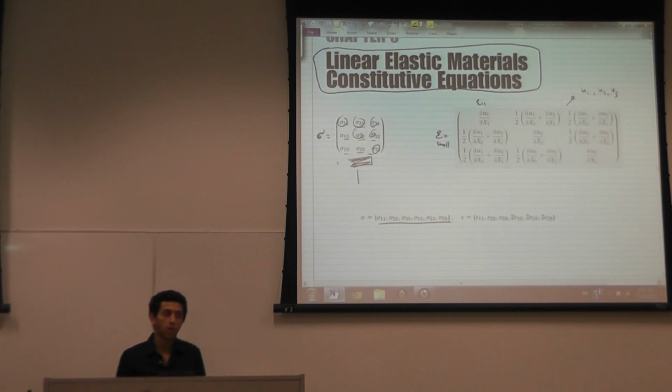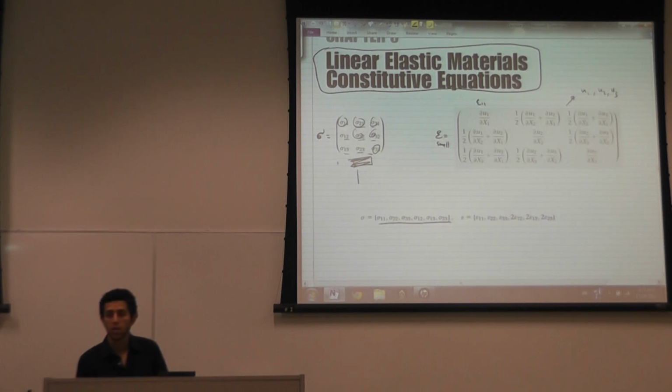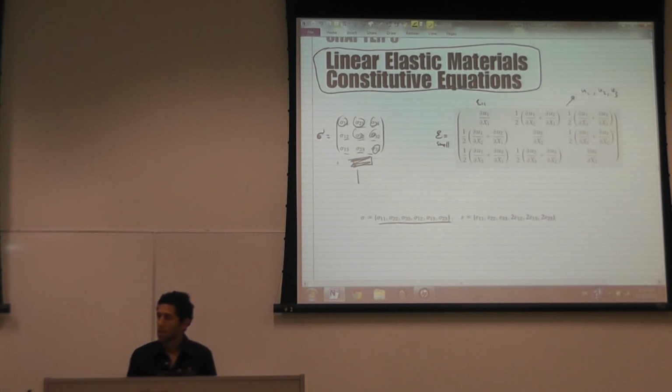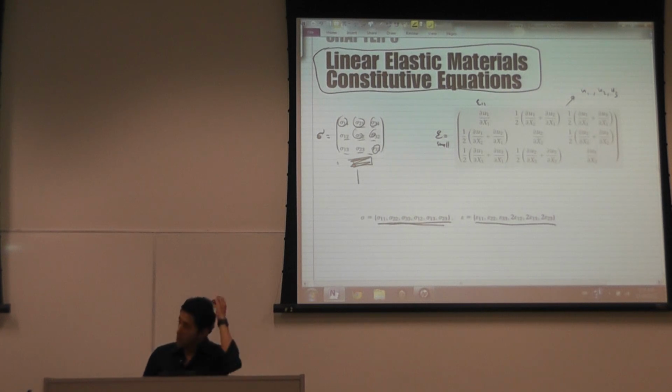It's a vector representation of my stress. The stress is not a vector. The stress is a matrix, but just for the constitutive law, I'm taking a vector representation of it, because I'd like to relate those 6 unknowns with those 6 values of the strain.